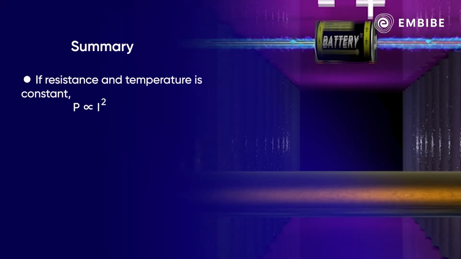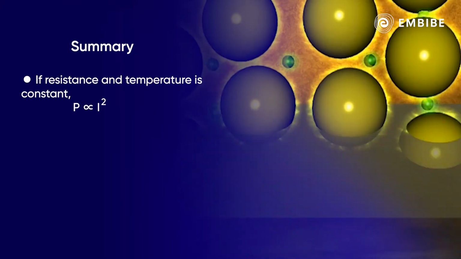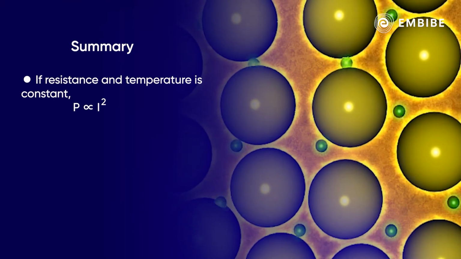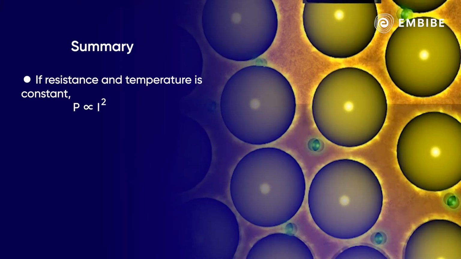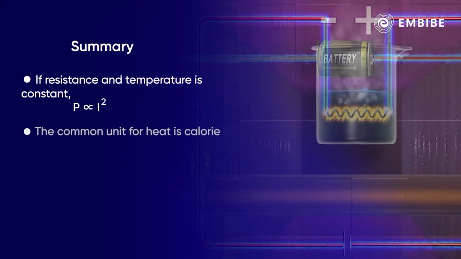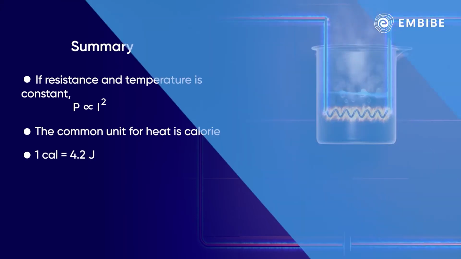Since the resistance of a circuit is constant, provided the temperature is constant, the heat energy per unit time is directly proportional to the square of the electric current. The more common unit of heat is the calorie, and 1 calorie is equivalent to 4.2 Joule.